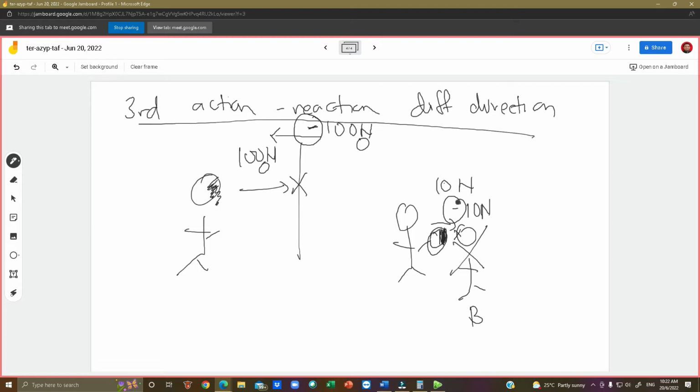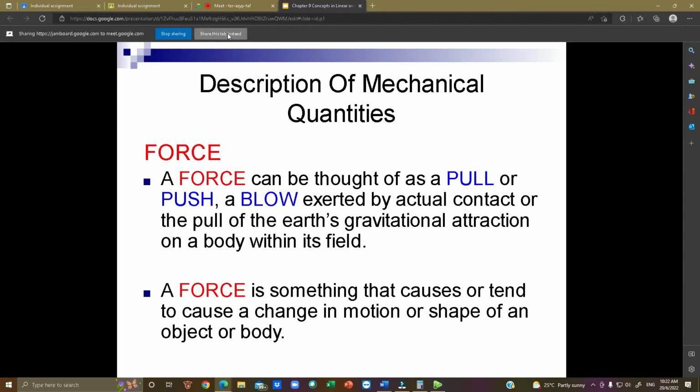Itu konsep force. Okay, a push, a pull, a blow, anything that cause or tend to cause a change in motion or shape of an object where it has contact. Itu adalah konsep force.